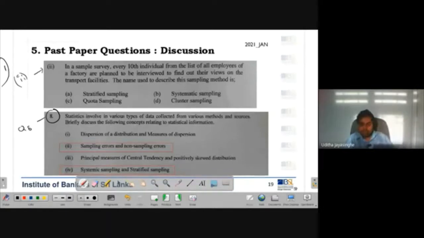List of all employees. That means it seems to be a probabilistic method, right? A factory is planned to be interviewed to find out their views on the transport facilities. The name used to describe this sampling method is: stratified, systematic, quota, or cluster. What do you think?